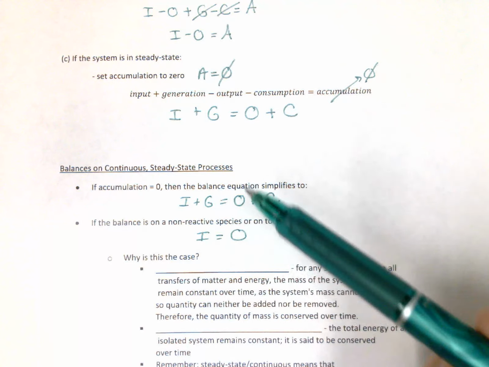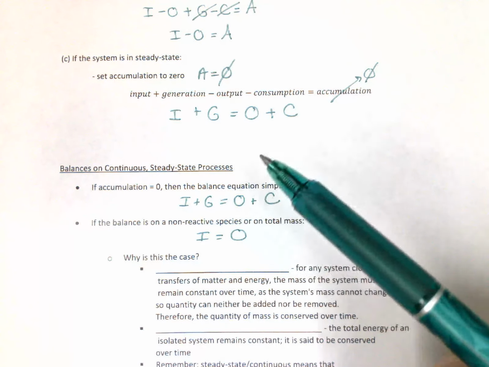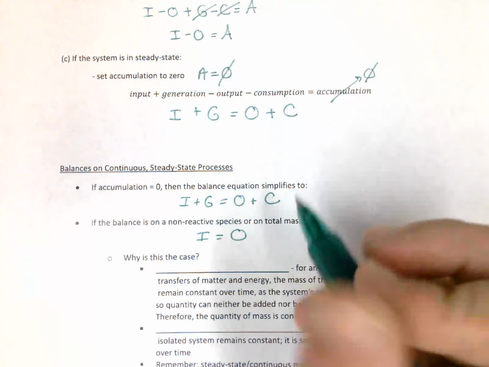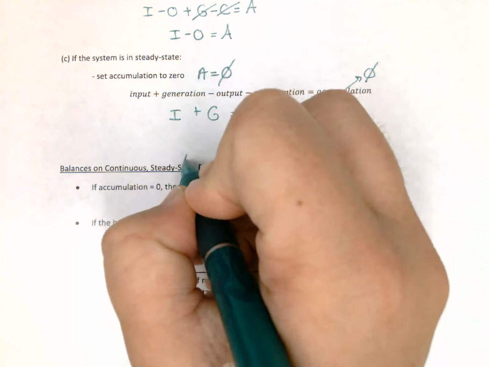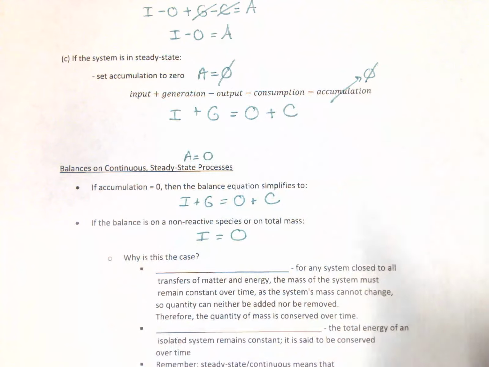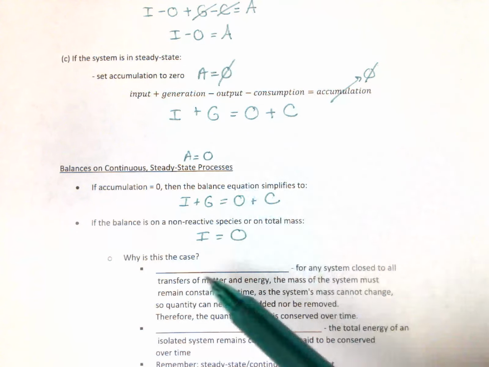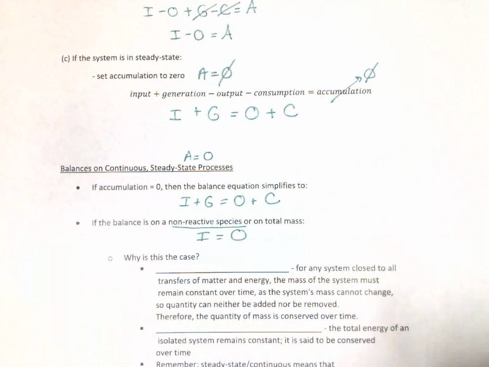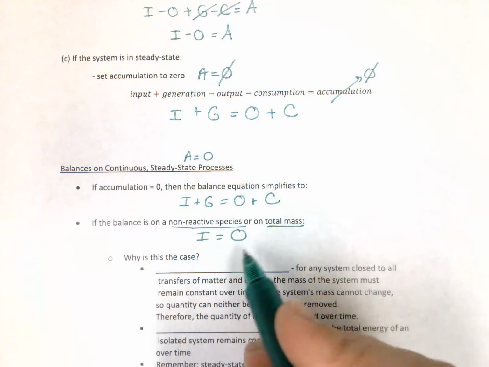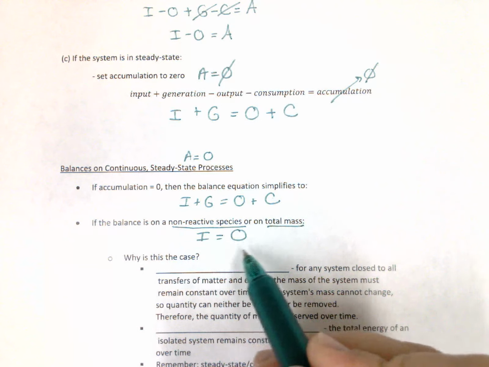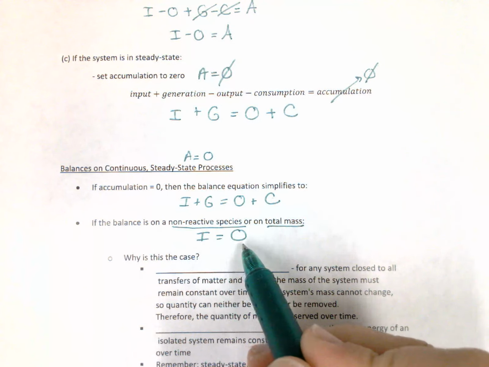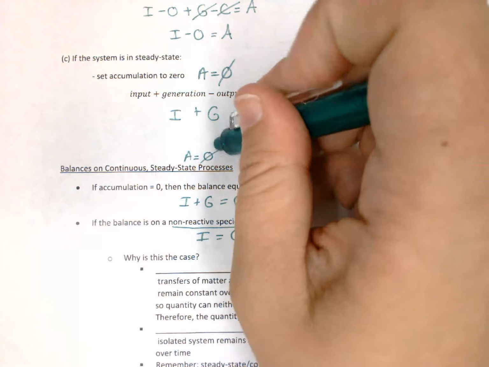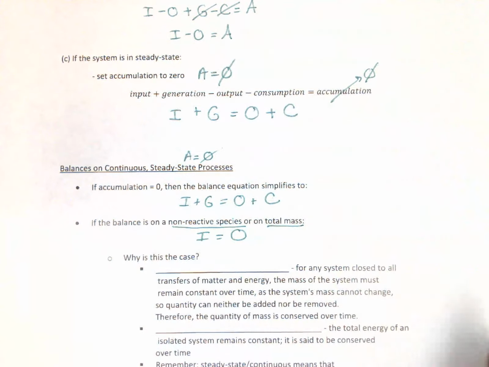So if it's non-reactive and it's continuous and it's steady state, steady state means accumulation equals 0. Continuous doesn't necessarily tell us anything about this, but if we have non-reactive species, that means no generation or consumption. It's on total mass. So if it's a steady state process, no accumulation term here, so equals 0. That makes it a little bit more intuitive.